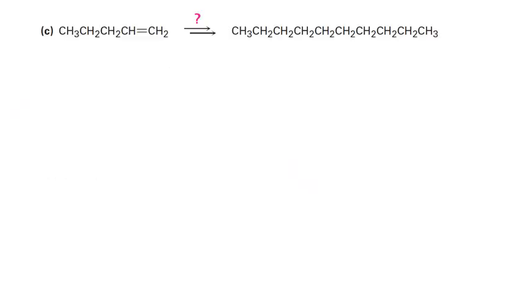In question C, the reactant has 5 carbons and the product has 10. So obviously, to make the product, you need a coupling reaction. So 5 carbons come from the alkyl halide, and the other 5 come from the Gilman reagent. So this one is CH3, CH2, CH2, CH2, CH2.